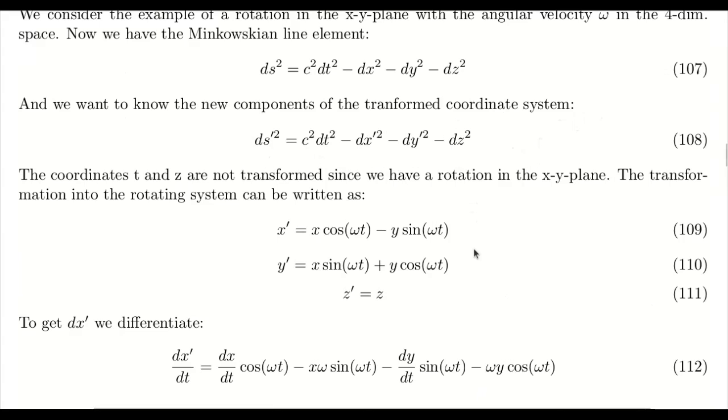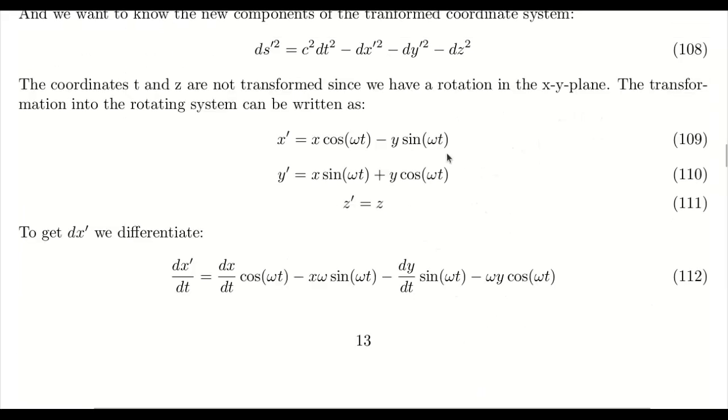If we want to write down a rotation mathematically, we do that by using the cosine and sine functions, like here, 109, 110. Z remains the same. And if we have angular velocity omega, then we must write in the arguments omega multiplied by the time to get an angle.